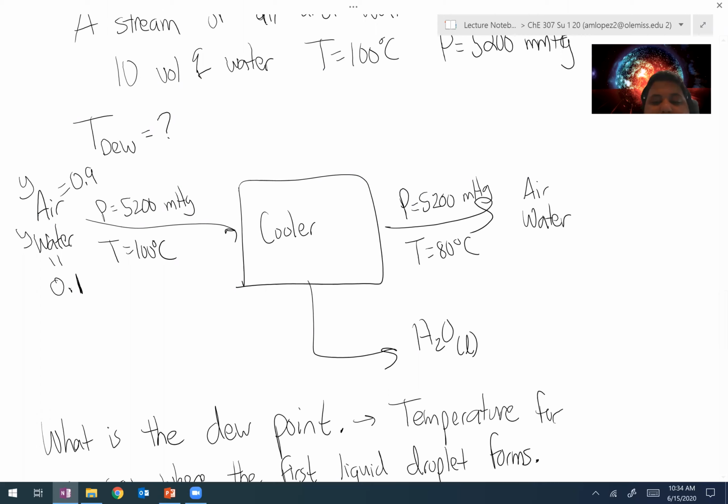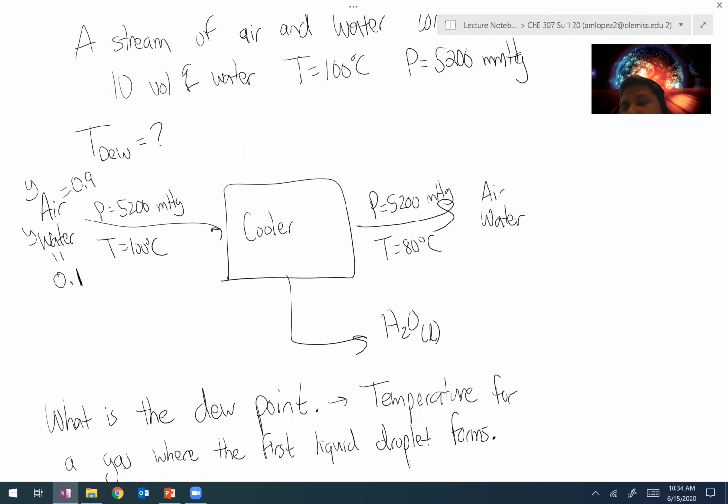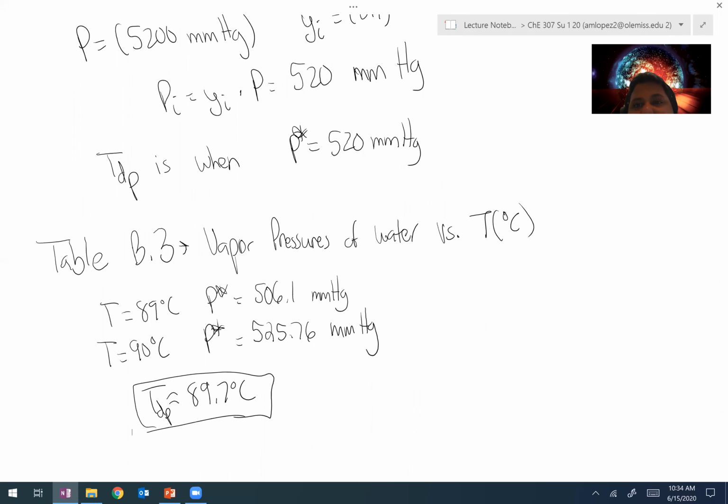So we know that the dew point is about 89.7 degrees. As we move below that temperature, you're going to have more and more water condense and leave the gas phase. So the question then becomes, how much leaves the gas phase? How do I figure that out?